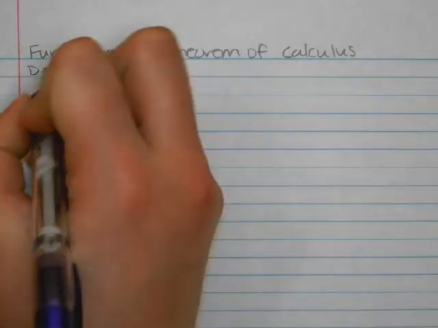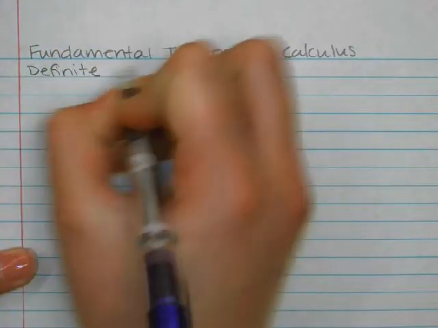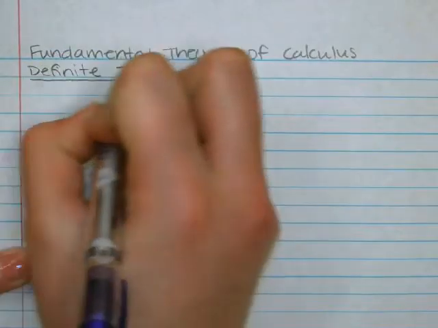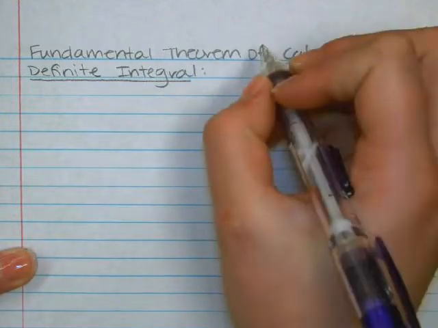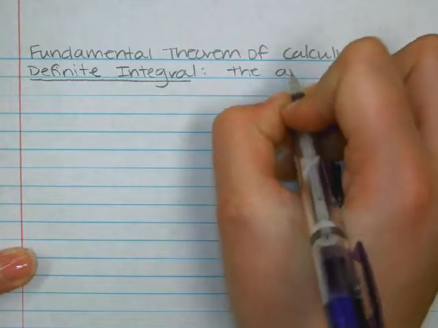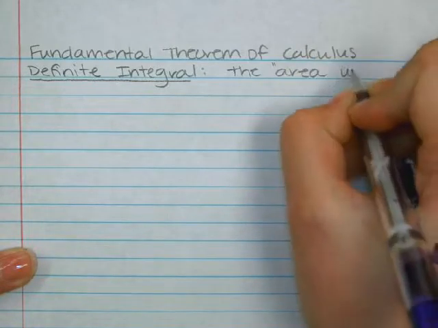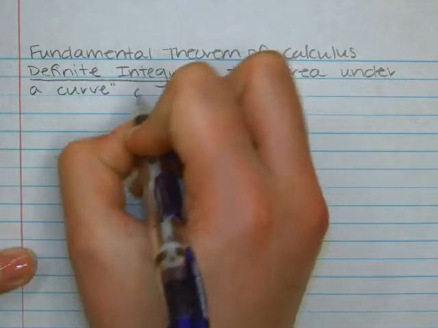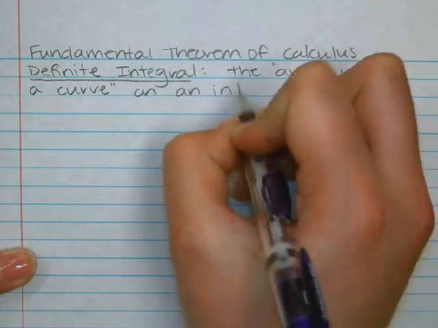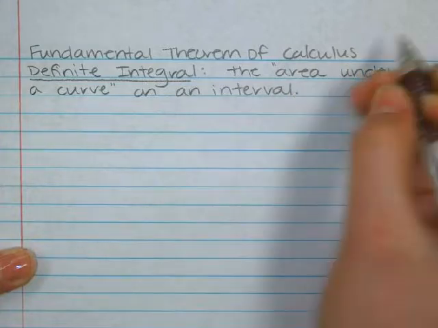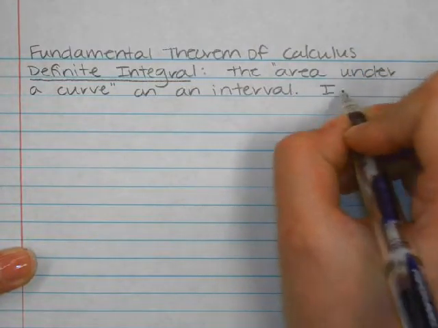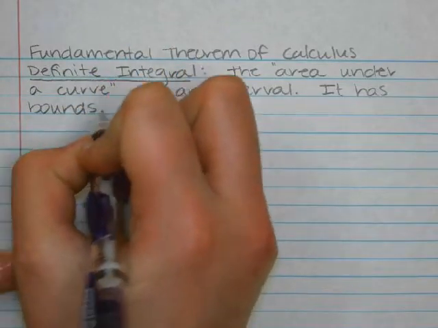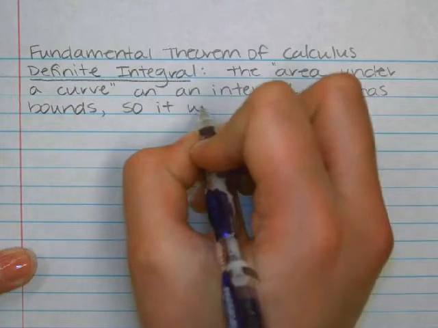So a definite integral is the area under a curve on an interval. It has bounds, that's the interval, so it will give us a number.